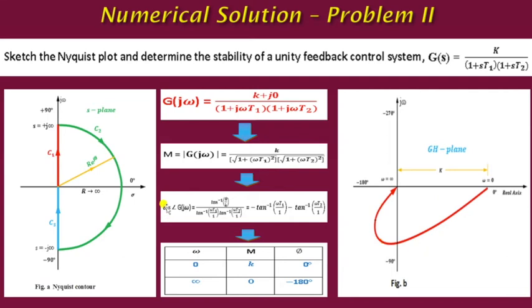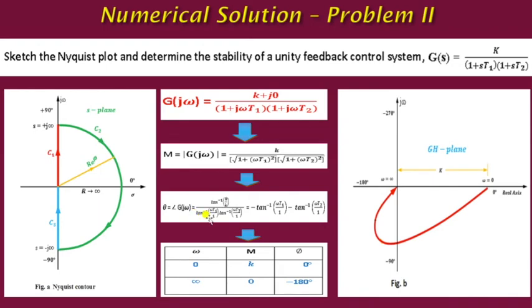Then calculate the angle theta. The angle of G(j omega) equals tan inverse y by x, that means imaginary part by real part, and the imaginary part is 0 by K, that means this is also 0.